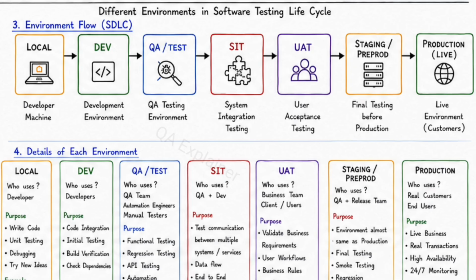Now third is the environment flow in SDLC. Let's discuss this one. First is our local system. In the local system, developers write code, debug it, use AI, and make code-related changes. Then they push their changes to the dev environment. The dev environment is a separate environment where all configurations are set as per developer needs.